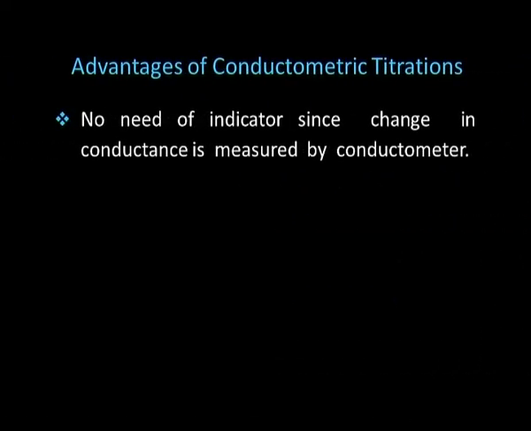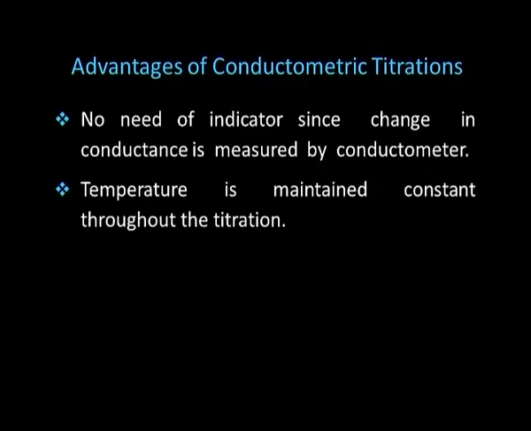There are some advantages of conductometric titrations. The first one, there is no need of indicator, since change in conductance is measured by conductometer. We have seen that in a normal titration of NaOH with HCl, we use phenolphthalein as an indicator to monitor change in color.